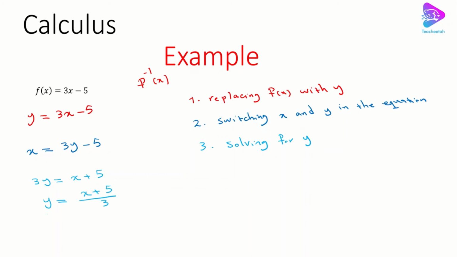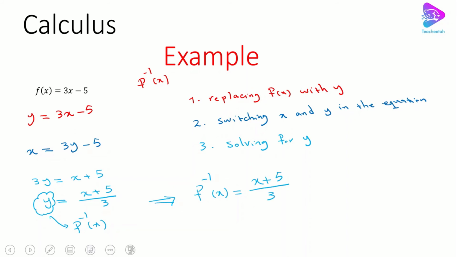And now it's time to say this y is basically the inverse, and the final answer for us is going to be f inverse of x is equal to x plus 5 over 3.